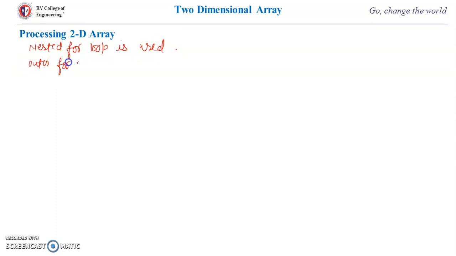The outer for loop corresponds to the row and the inner for loop corresponds to the column.